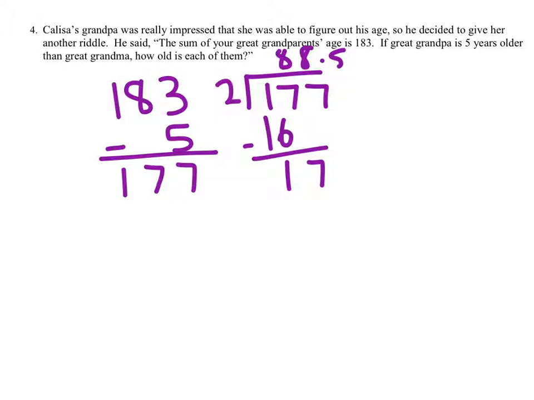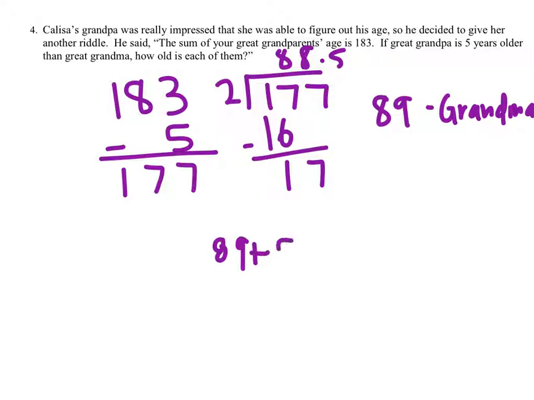And I got the grandma's age is 89. And the grandpa's age is 89 plus 5, so it's 94.